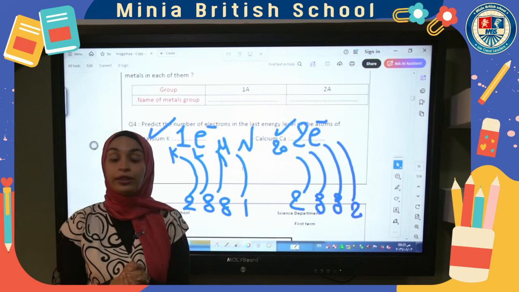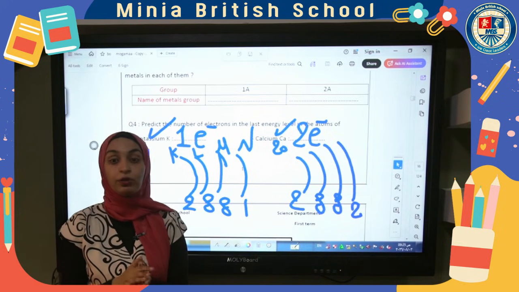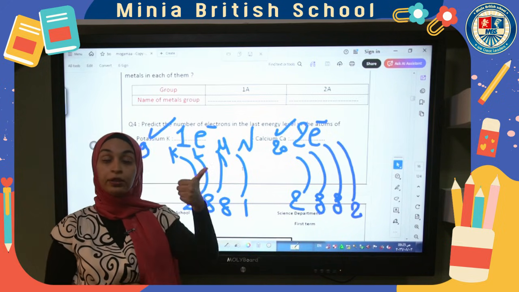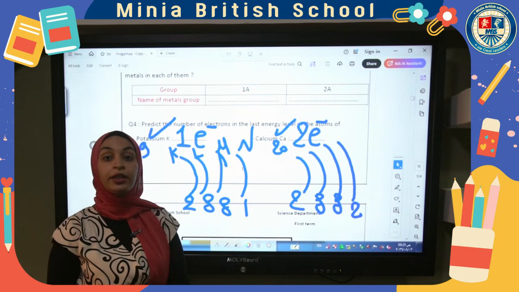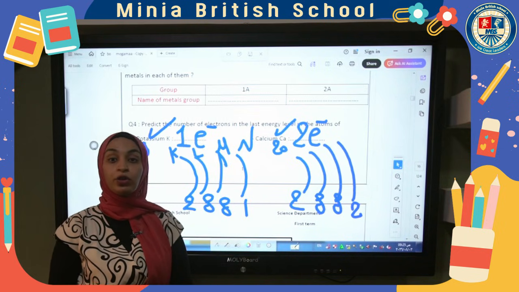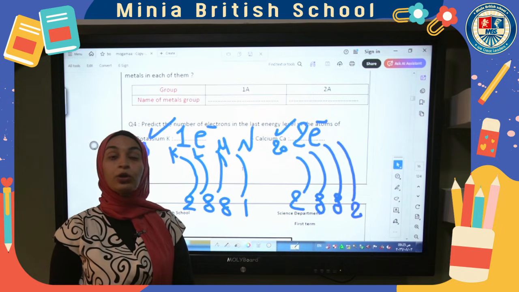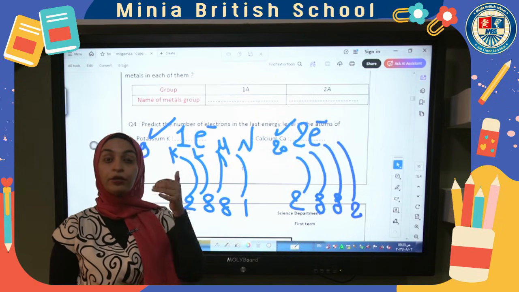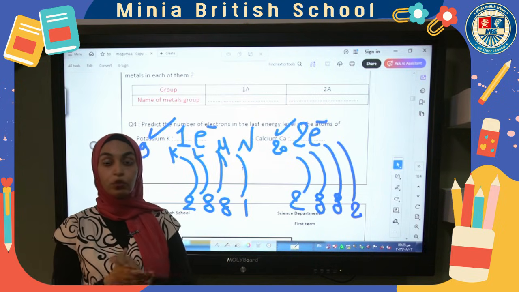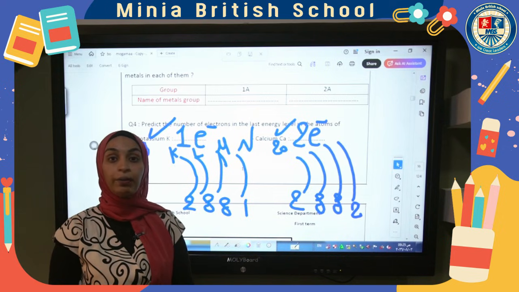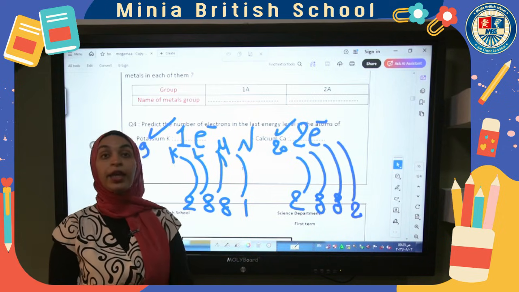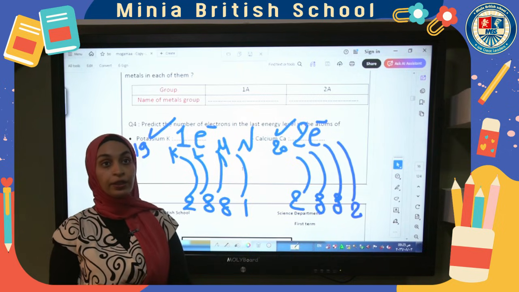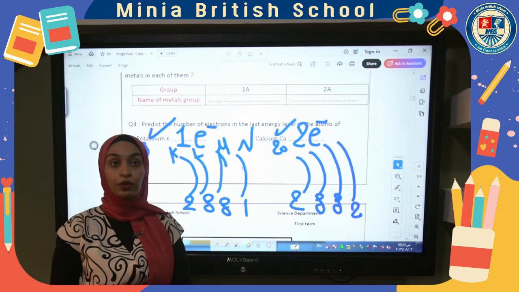So today in grade 7, we talked about the types of elements, which are metals, non-metals, metalloids, and inert gases. Then we talked about the description of the modern periodic table, which consists of 7 periods and 18 groups. We talked about the blocks S, P, D, F, and the properties, the elements, and the number of groups inside each block.